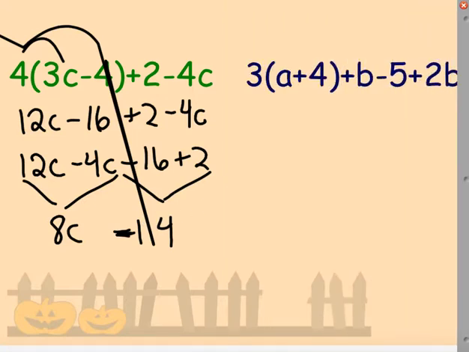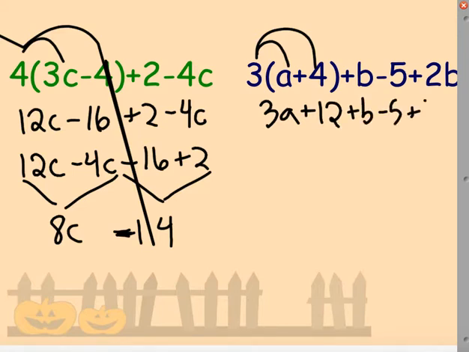This one here, we distribute, and we get 3a plus 12 plus b minus 5 plus 2b. And let's move things around to be with their similar terms. 3a, unfortunately, doesn't have a friend. There's nothing else that just has an a in it, so we leave it alone. But I can move the 12 and the negative 5 to be close to each other because both of those don't have variables.